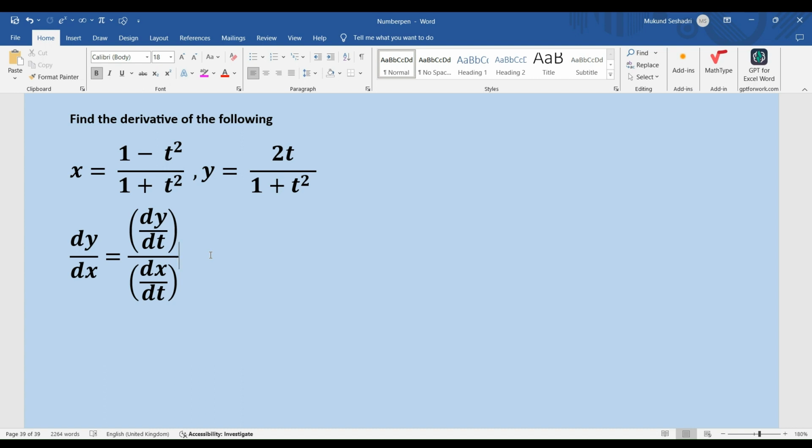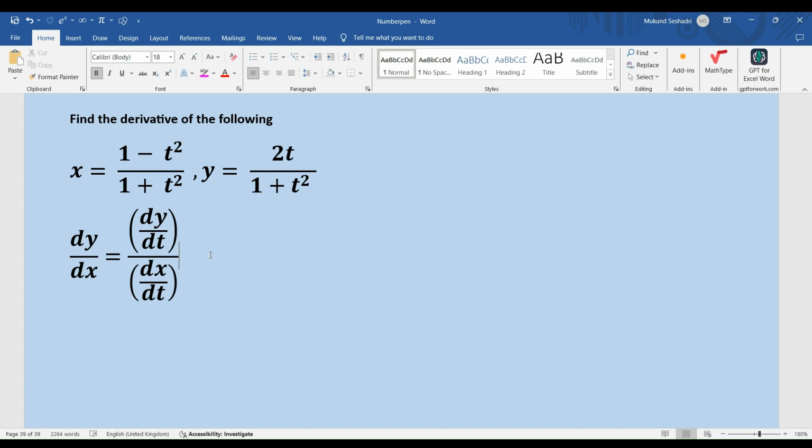And when I see x and y of this type, I would probably draw a parallel to one of the trigonometric identities that I'm familiar with, tan theta, right? And if I make the substitution t equals tan theta and rewrite x and y in terms of theta, will it simplify my problem?